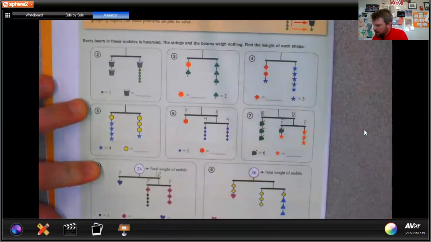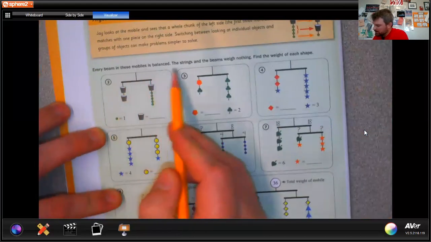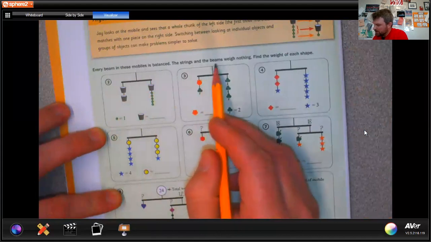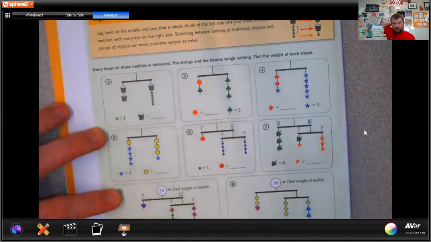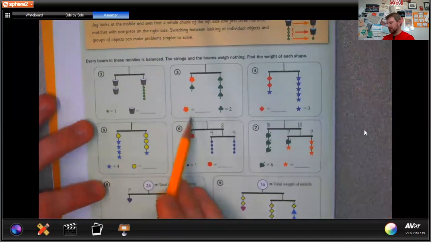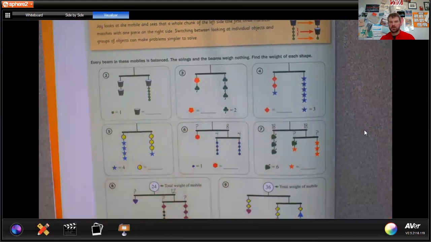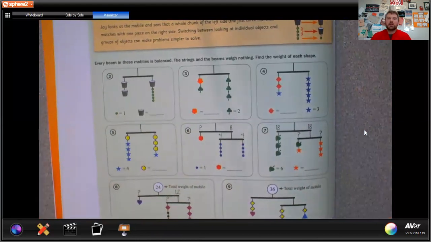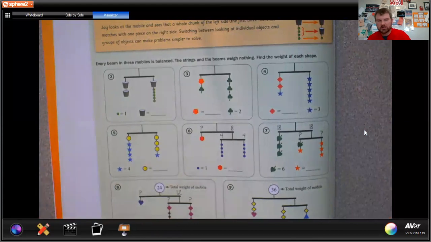Every beam in the mobiles is balanced. The strings and the beams weigh nothing. Find the weight of each shape. So down here it's asking, what does the pentagon equal? What does this equal? All of those kinds of things. So they're kind of matching puzzles, trying to figure it out.